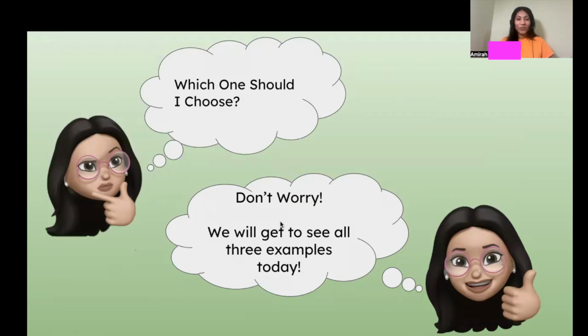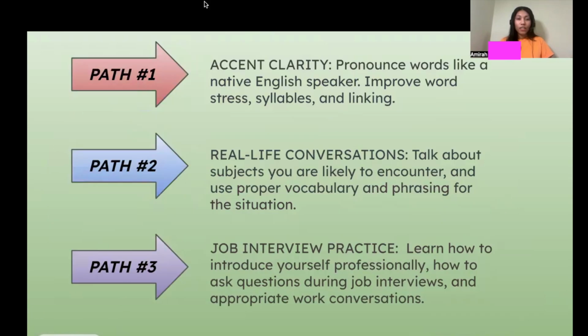Again, I have the visuals here. So it says, which one should I choose? And the other bubble says, don't worry, we'll get to see all 3 examples today. So them just reading this alone is not enough. They're going to need to be in it. And again, you're getting them connected to the lessons before you even start your paid lessons.